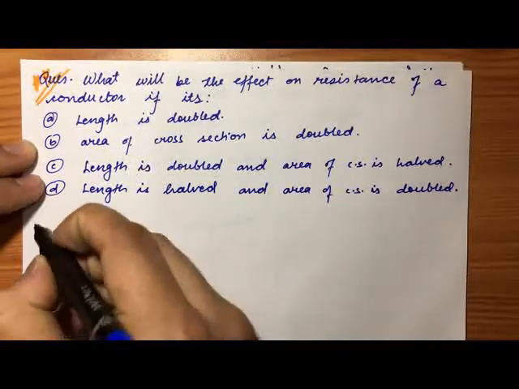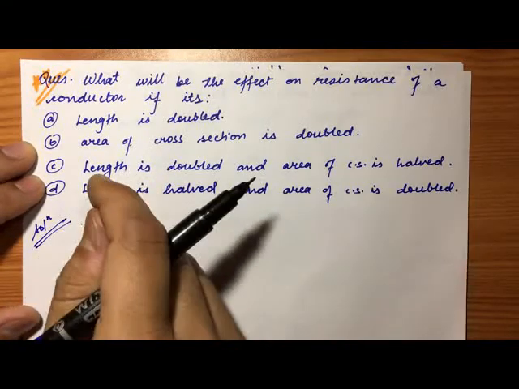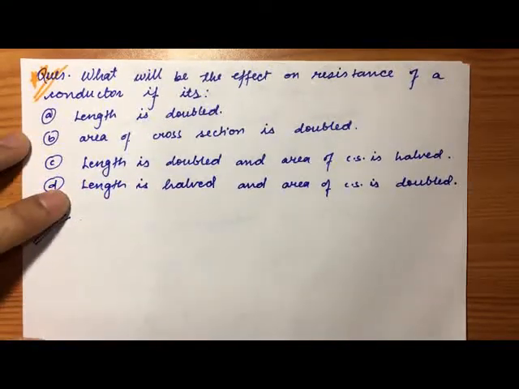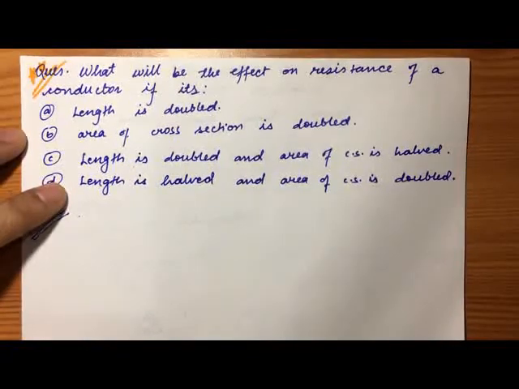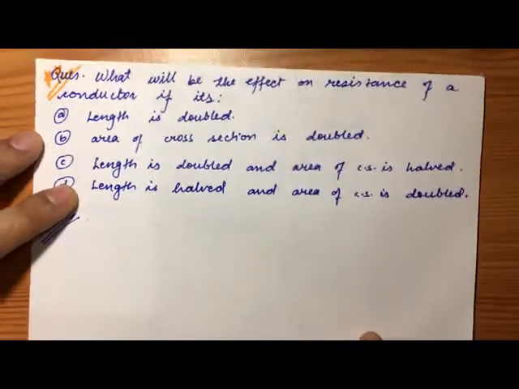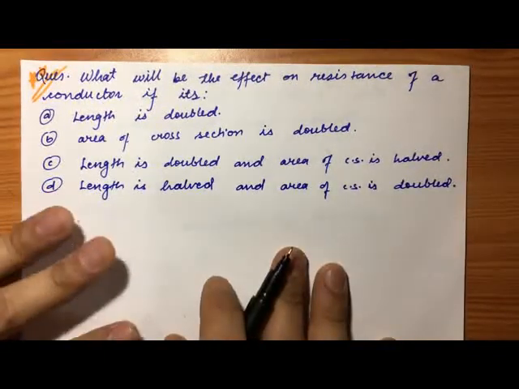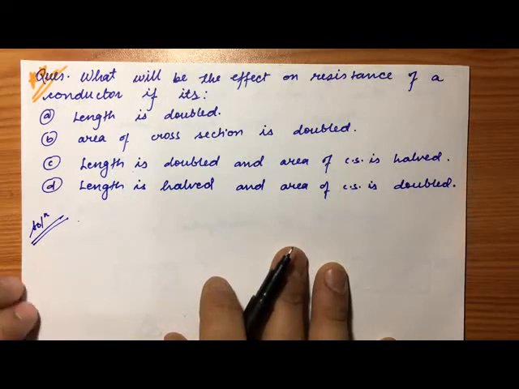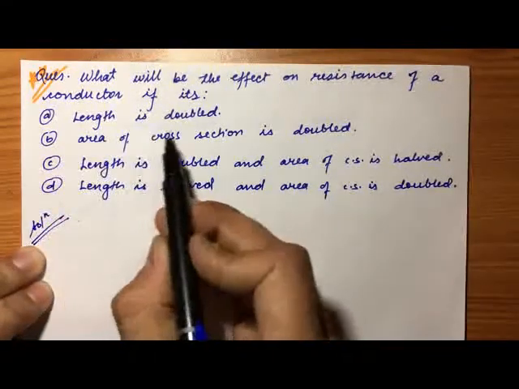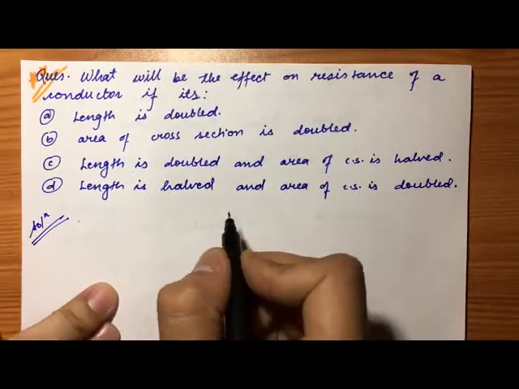So we are going to solve this problem, and in next video I will consider some more numerical problems. Okay, but I think so this is going to be our last numerical for this class. So what will be the effect on resistance of a conductor if its length is doubled?